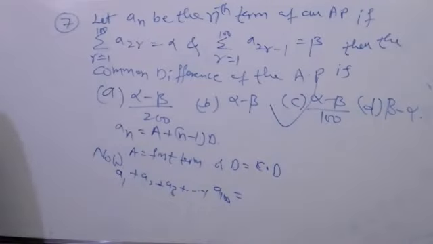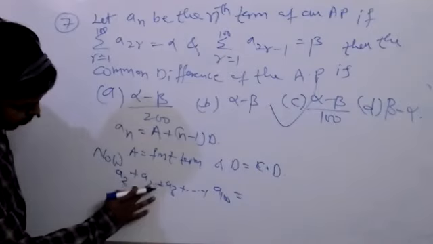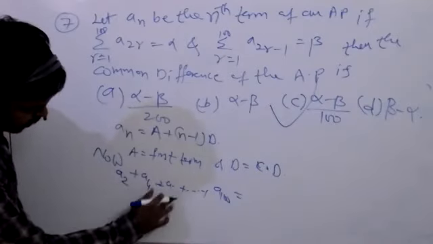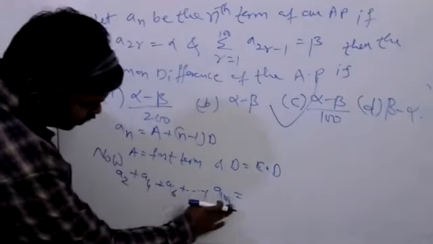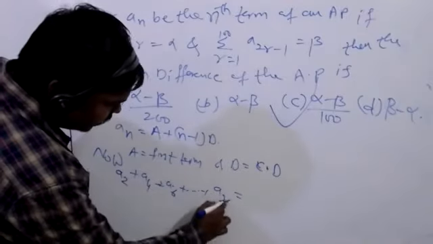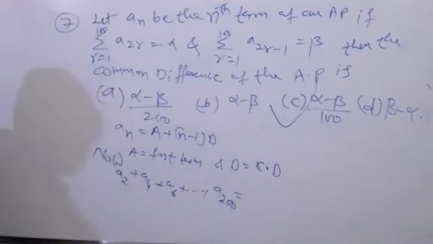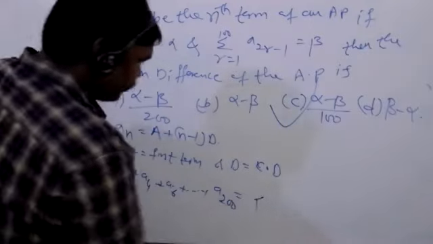Sir, it should be a1, a3, and so on up to a199, which is equal to beta. And a2, a4, a6, and so on up to a200, is equal to alpha.